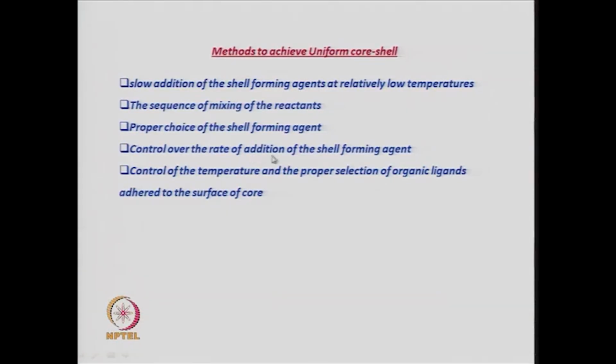Then the rate of addition of the shell forming agent is important for making a proper shell, as is the control of the temperature and the selection of organic ligands which adhere to the surface of the core. So, these are some of the key parameters which one has to take into consideration when planning to form a uniform core shell structure.